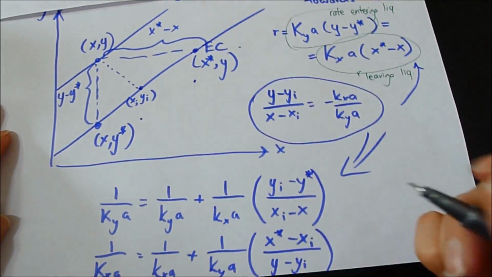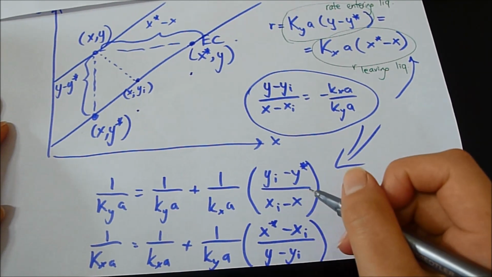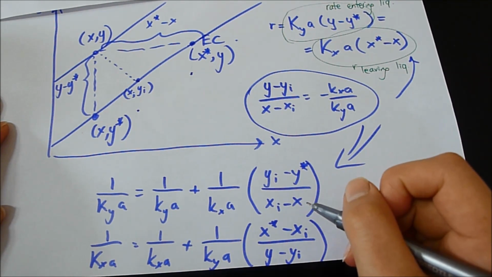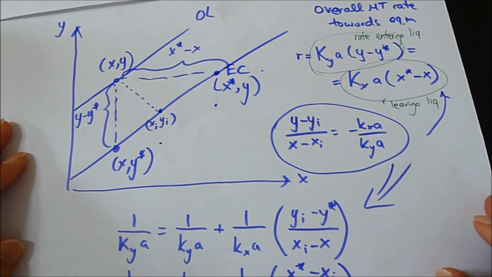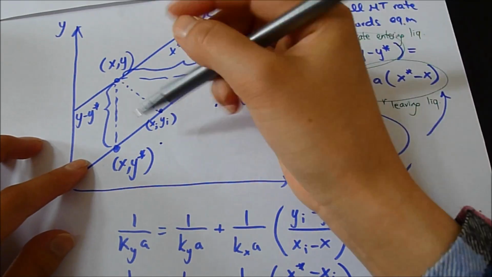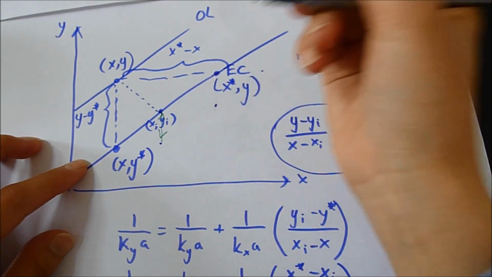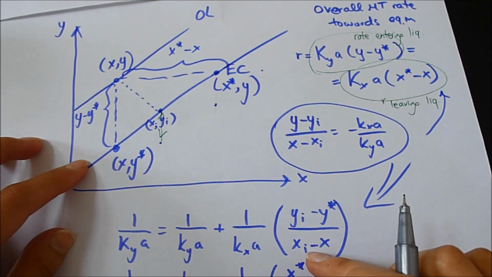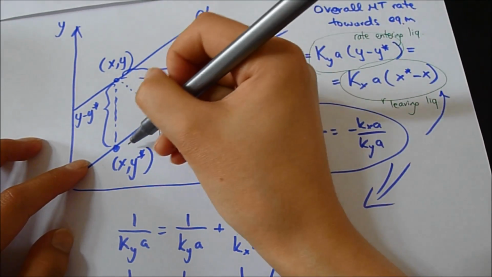So when we see yi minus y star over xi minus x, on this graph we can see yi minus y star is here and xi minus x is here.